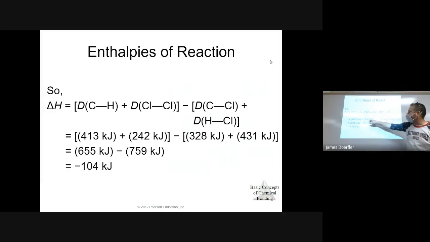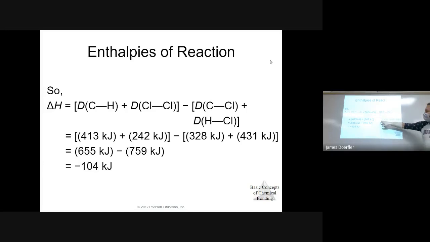Again, chlorine to chlorine is 242 kilojoules. Carbon to hydrogen is 413 kilojoules. We sum those up, and we get 655 kilojoules. We subtract from that the bonds formed. Again, we had to reform a carbon to chlorine bond, and we had to reform a hydrogen to chlorine bond.